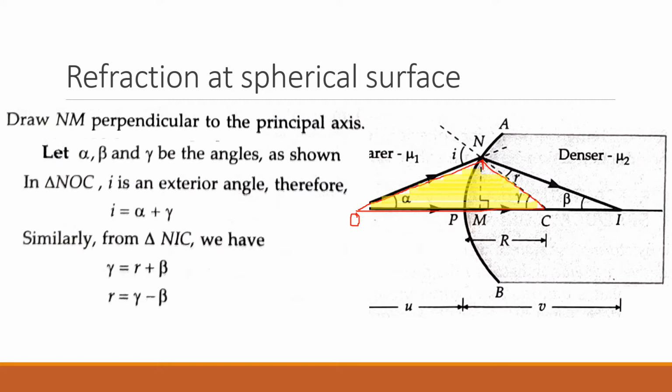This yellow triangle is your triangle NOC. Now in this triangle, consider this angle. This is your angle of incidence. Now if you look properly, this angle is exterior to the triangle NOC.